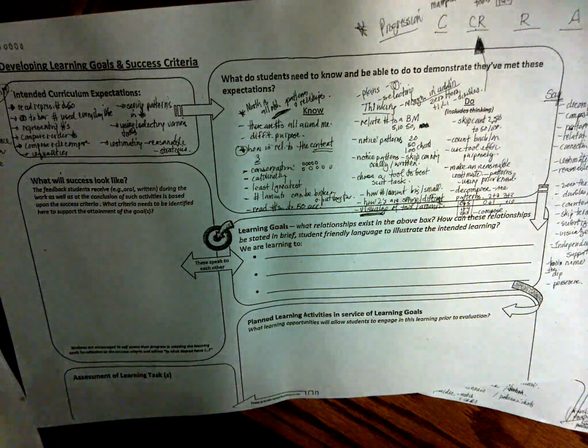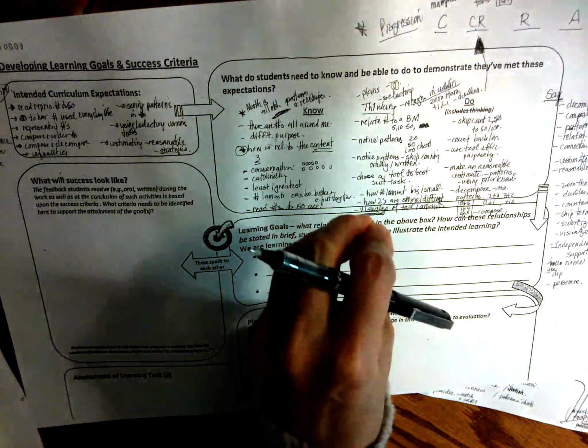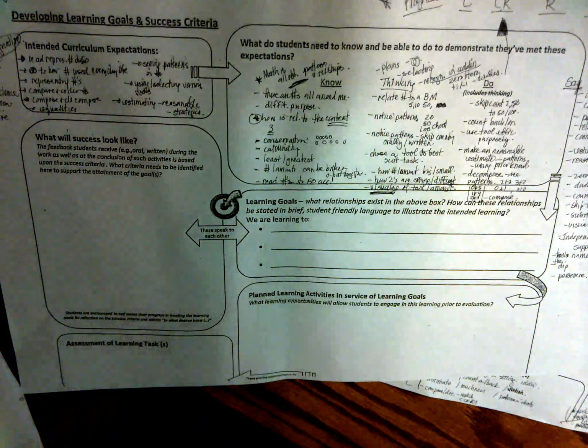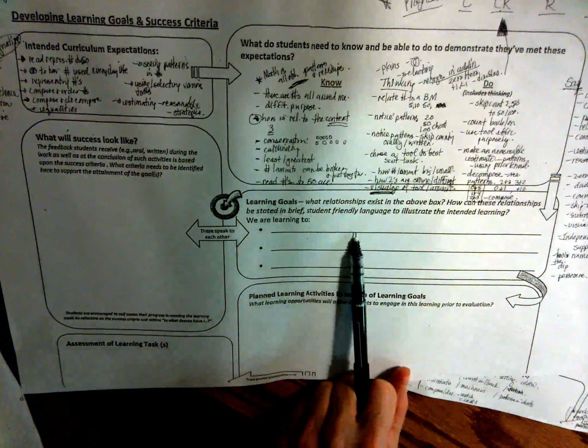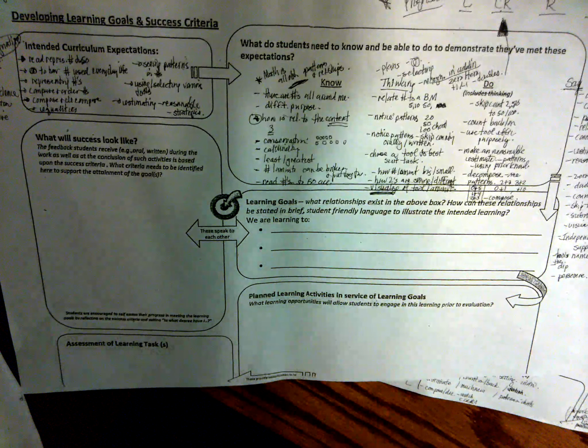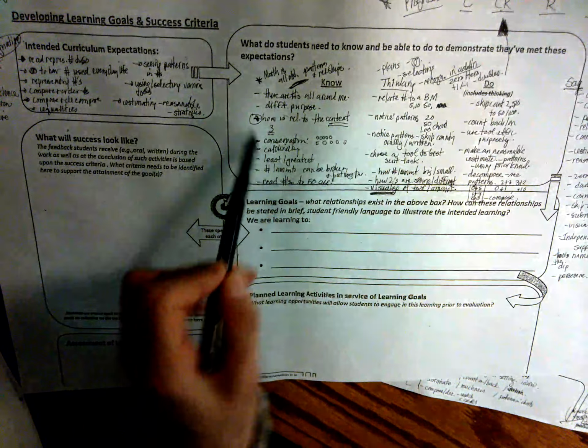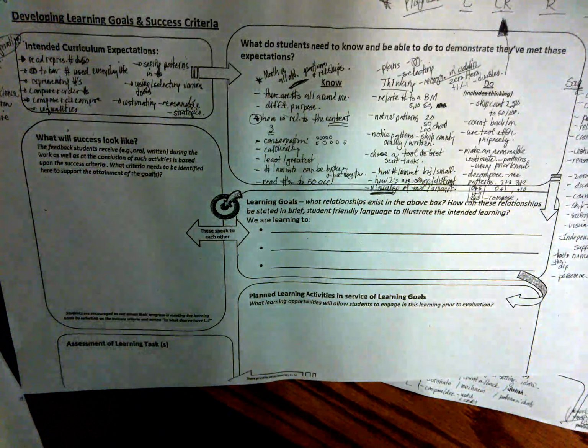And now I'm going to try and pull it all back together and think about how I can put all of this information into one sentence that is student friendly. So this often takes me a long time. I will wordsmith this maybe 4 or 5 times until I come up with a learning goal that encompasses every single thing up here, or almost every single thing.